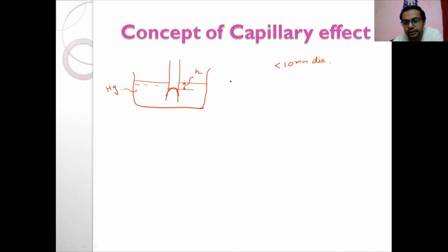Why is it happening? Capillary depression is happening because here the adhesive force between mercury and glass is less than the cohesive force between the mercury molecules.